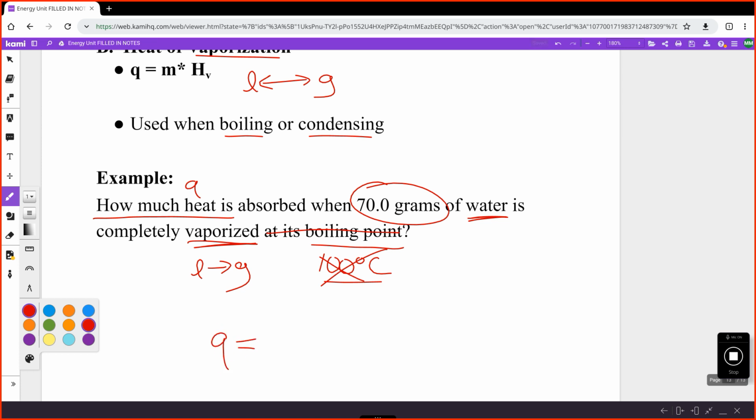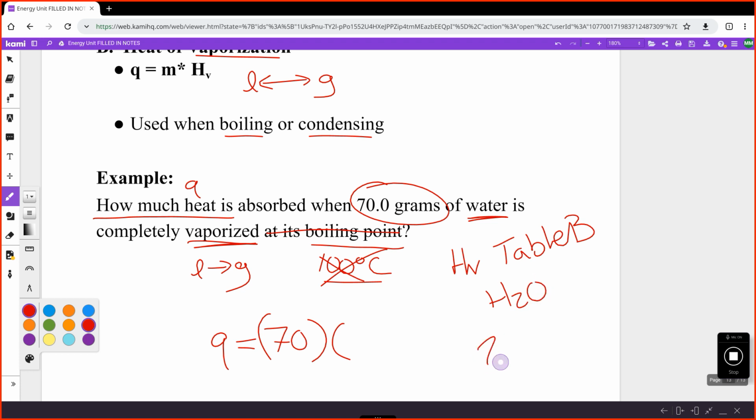So my Q is equal to 70 grams. Now this is a different number. HV, also found on the reference table, HV on Table B for H2O is 2,260 joules per gram.